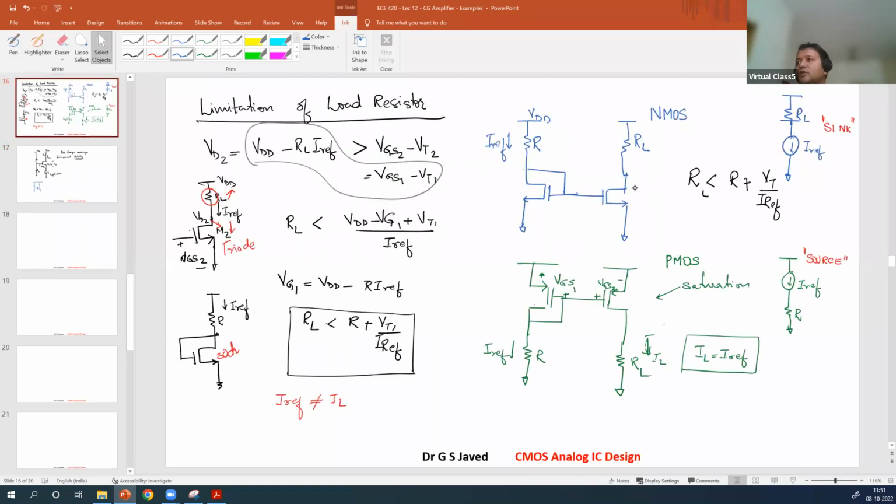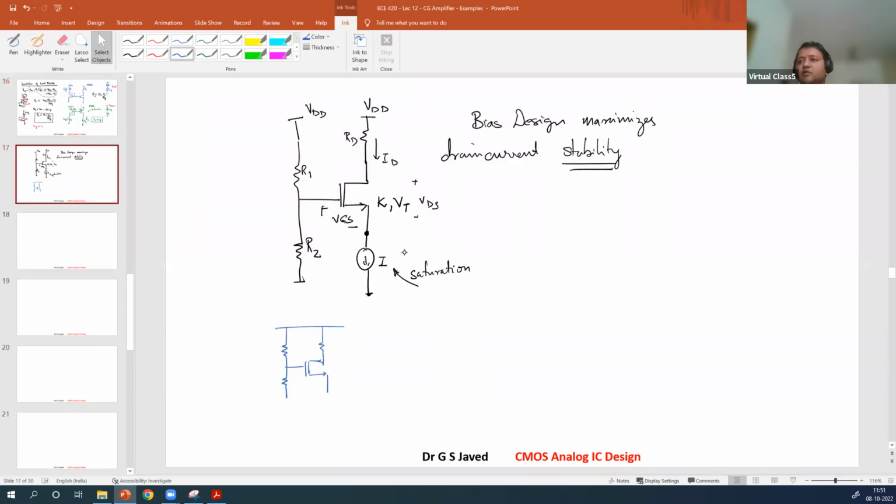So what is the circuit you need? You need to mimic this particular circuit with a bias. So first thing we will do is, you need to get this current sink. So you will start with the reference current. Start with the reference current.